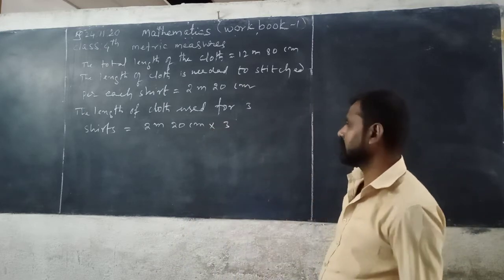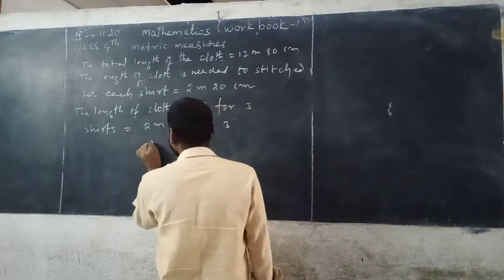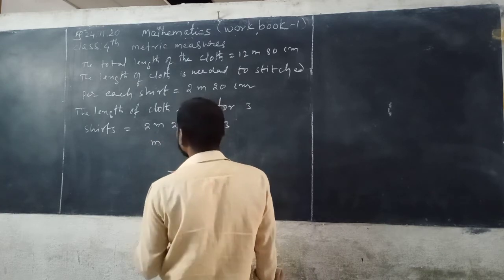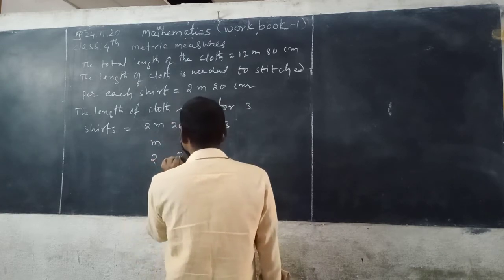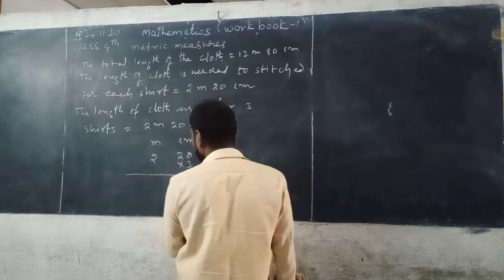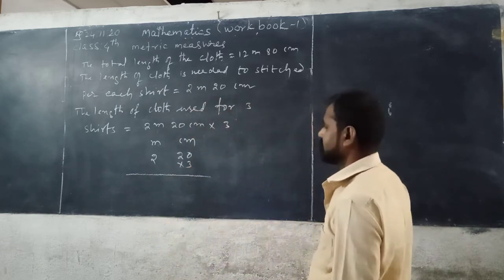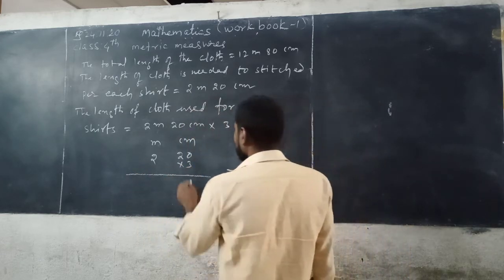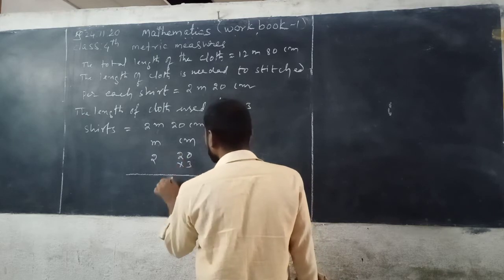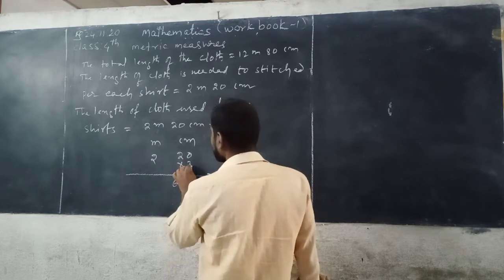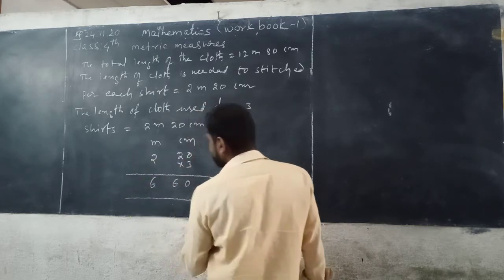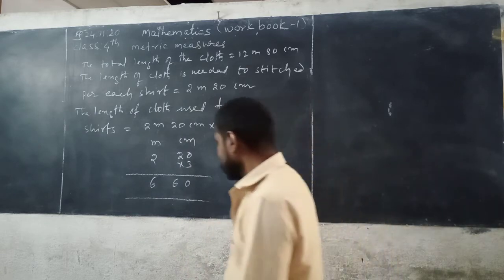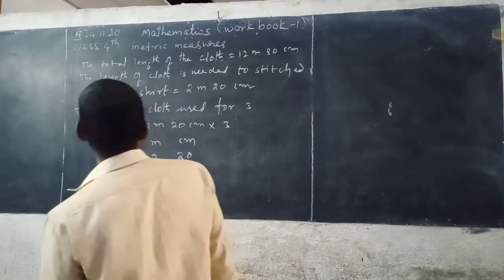You can write here meter, centimeter: 2 meter 20 centimeter into 3. See here, 3 twos are 6, 3 twos are 6. So write down, everybody.